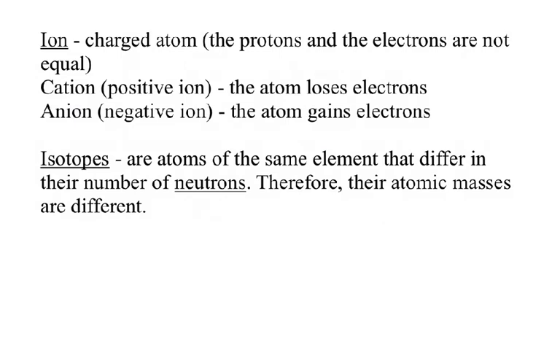Now, before we do that, an ion, unlike an atom, if you recall, an atom is neutral. An atom basically means that the protons and the electrons are equal. An ion is a charged atom. Now, an atom cannot gain or lose protons.